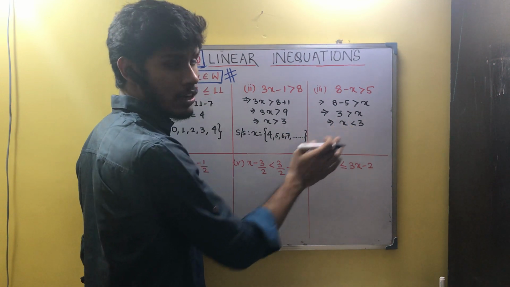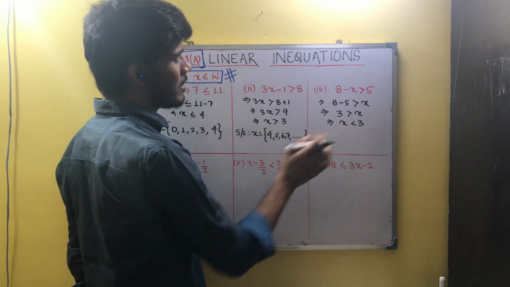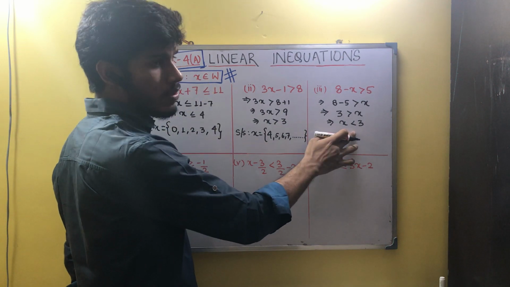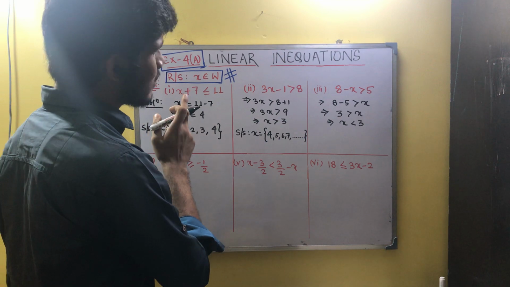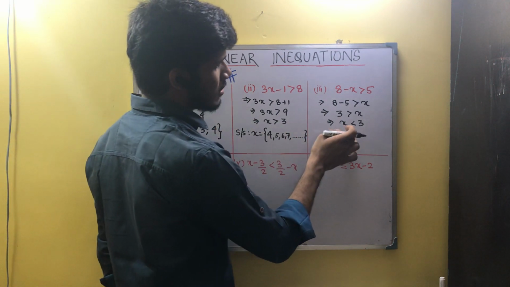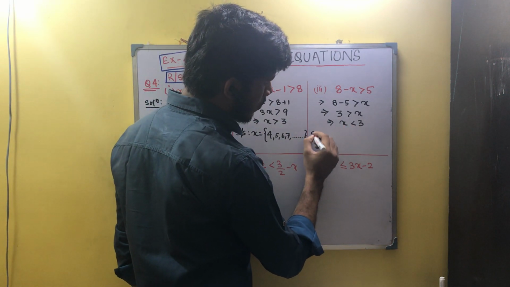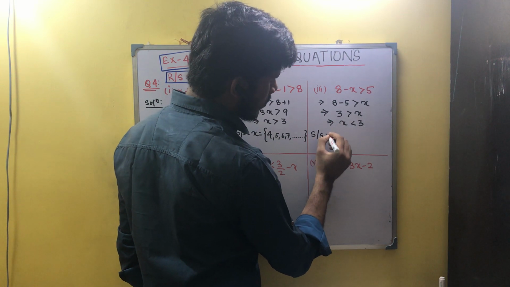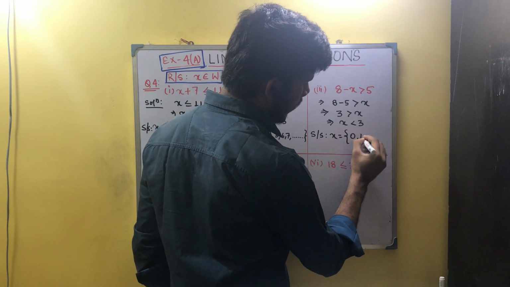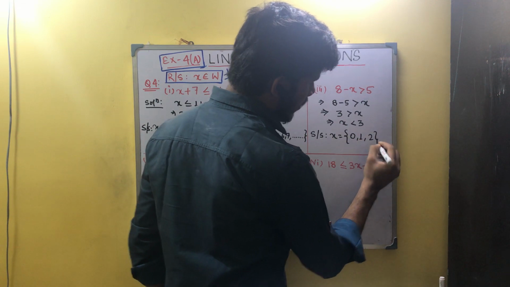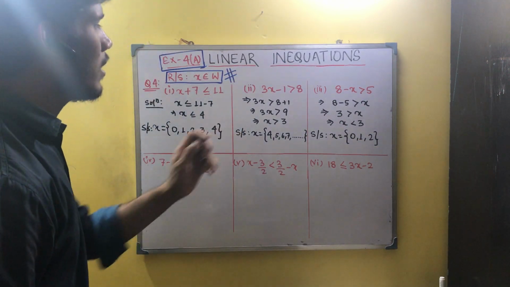We cannot even include 3, isn't it? It is strictly less than 3. So the maximum possible value is 2.999. But what whole numbers are there below 2.999, or say less than 3? So the solution set, the values we are left with, are 0, 1 and 2. These three are the only values that we are left with.